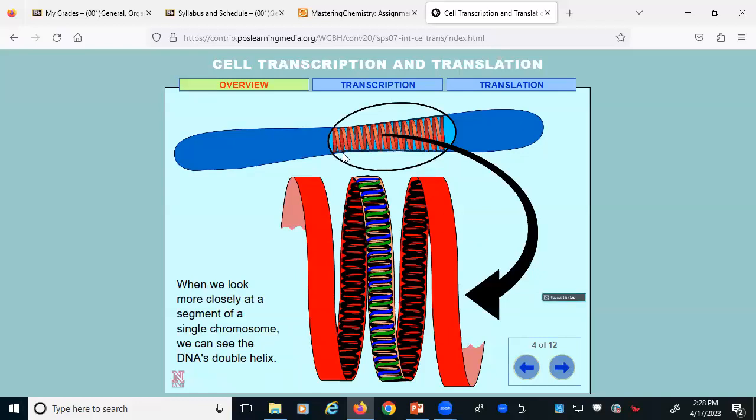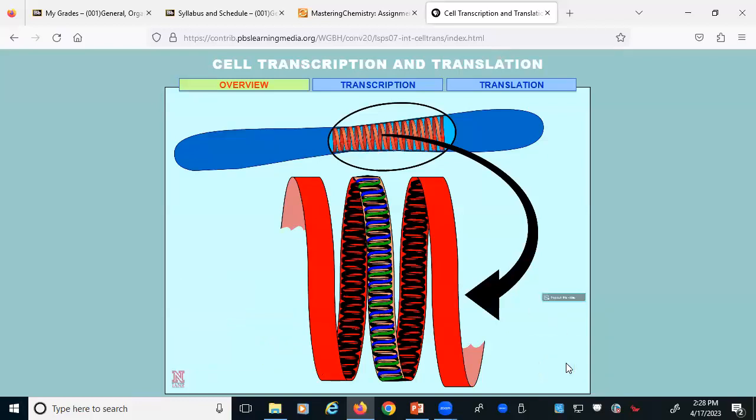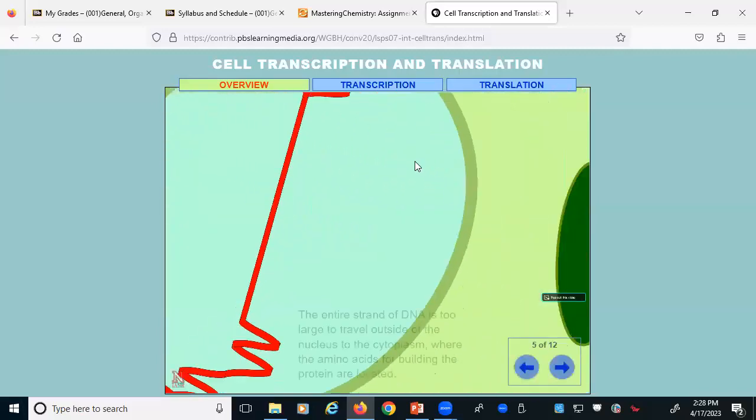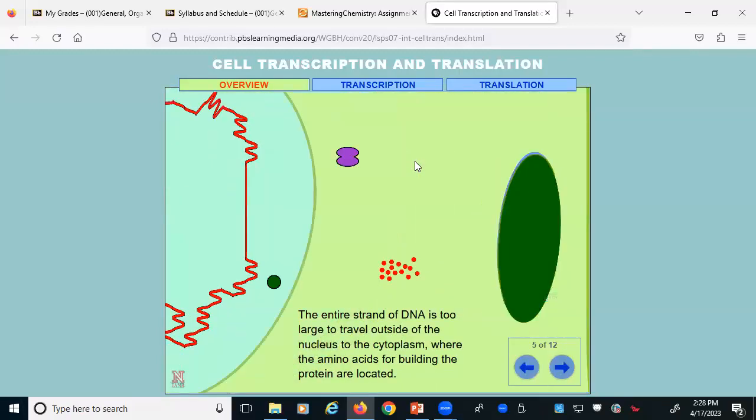If we looked at any given coil here, this is where we would see that double helix that we're the most familiar with. And inside of any one of those double helixes, we would see the complementary base pairs.